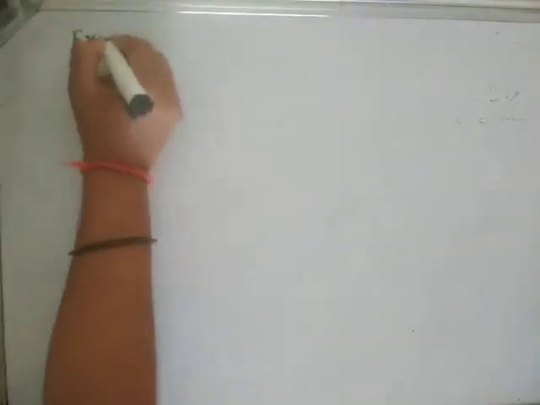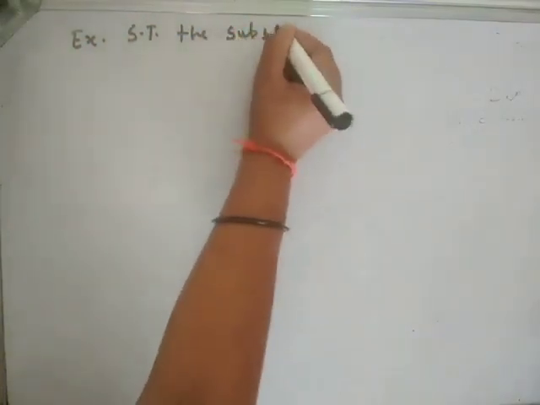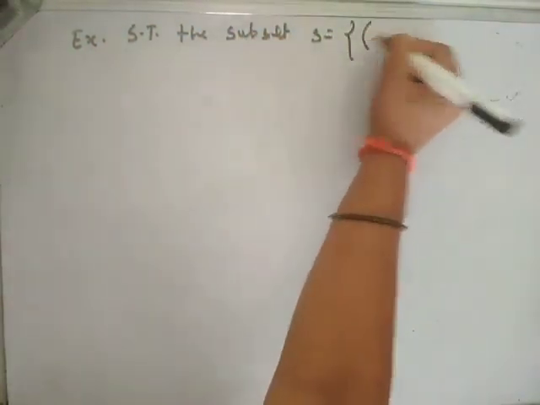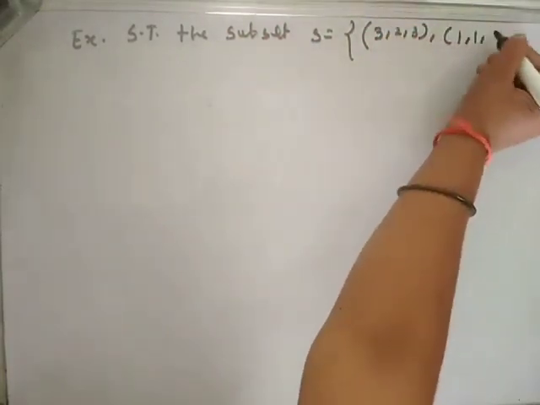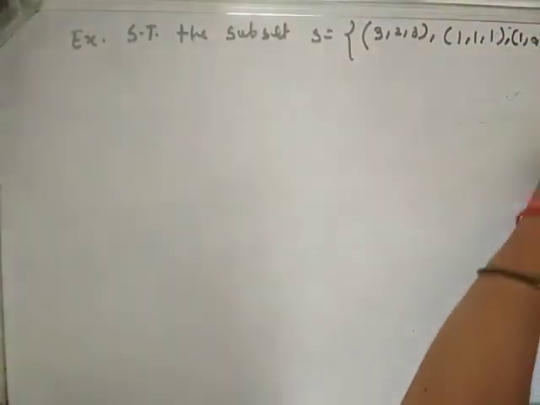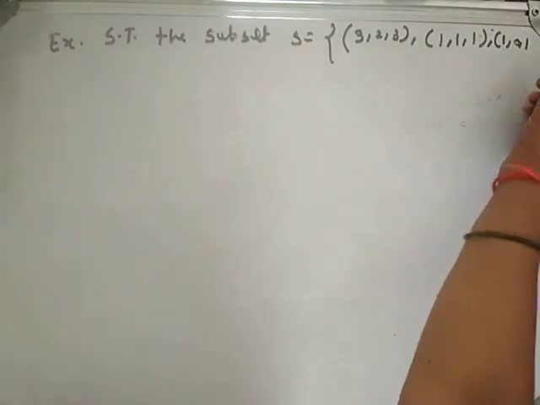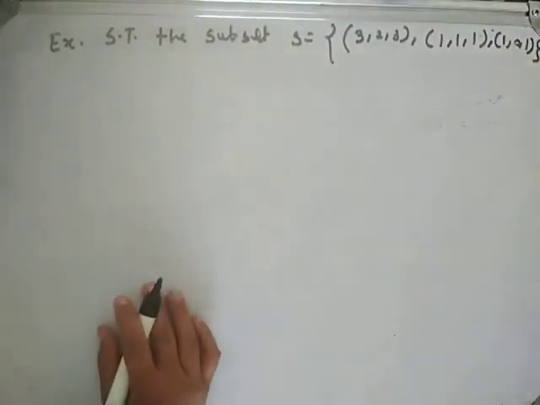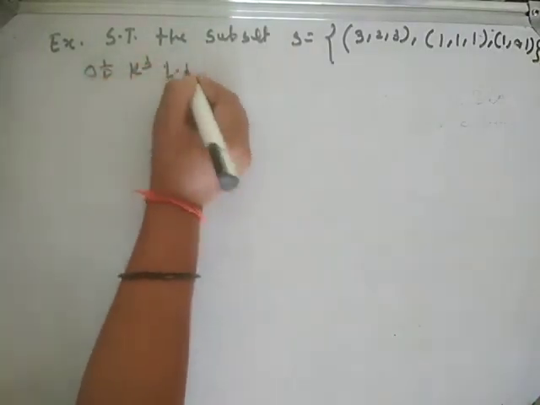Now let us take an example. Show that the subset S equals {(3, 2, 3), (1, 1, 1), (0, 1, 1)}... of R3 is linearly dependent.